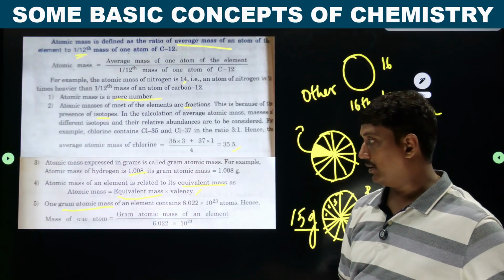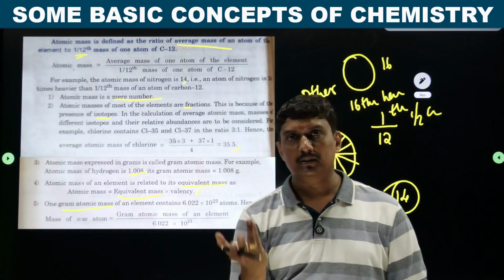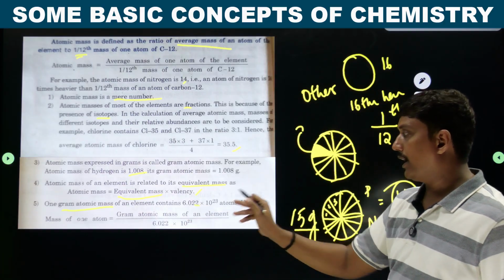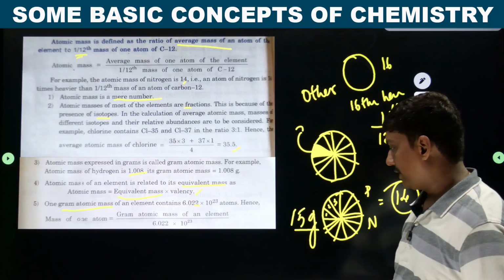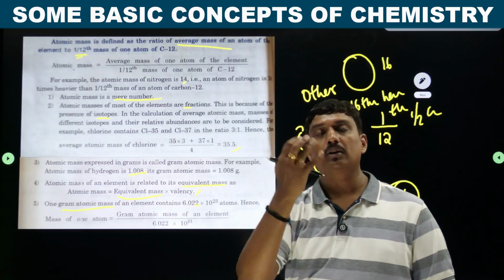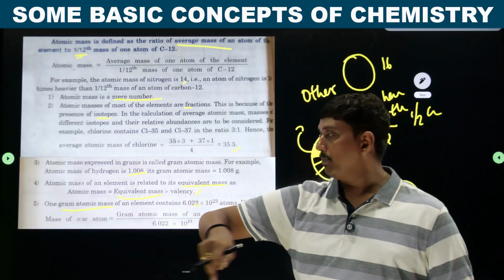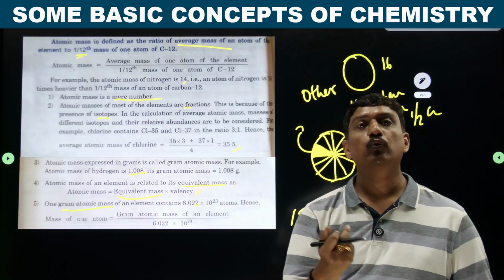If you take a gram atomic mass, it consists of Avogadro number of atoms. For example, what is 1 gram atomic mass of hydrogen? Only 1 gram. 1 gram atomic mass of helium is 4 grams.